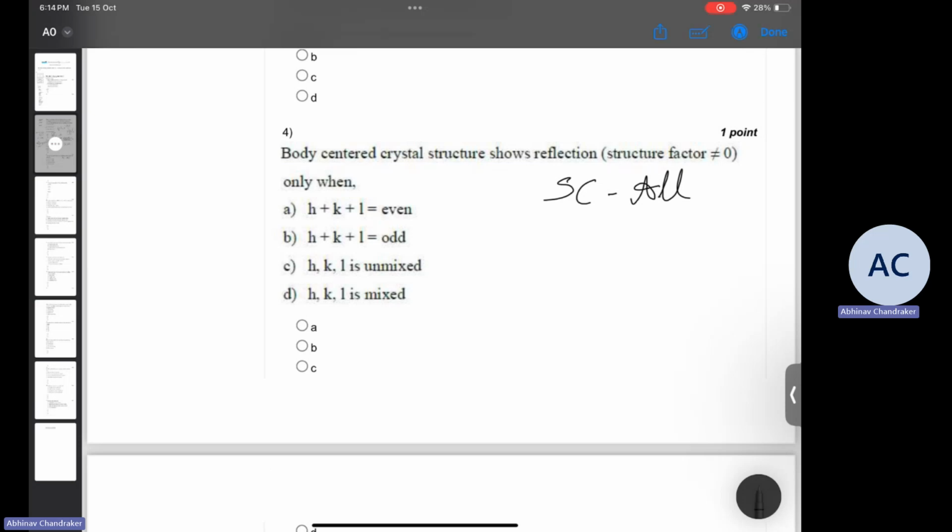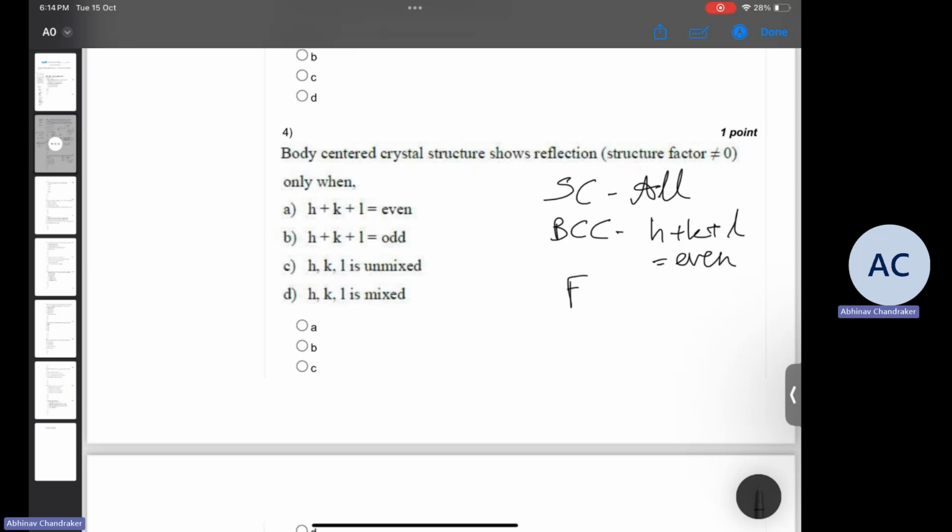That is, all peaks of all planes will be visible. But in case of BCC, only few peaks which have H plus K plus L equal to even will be visible, because for other planes some destructive interference will also take place, due to which there will be no intensity observed for those peaks. So those showing reflection will be H plus K plus L equal to even.